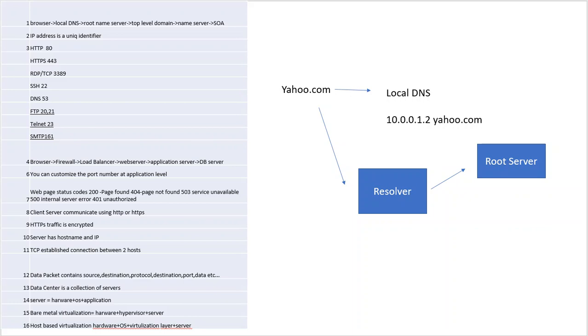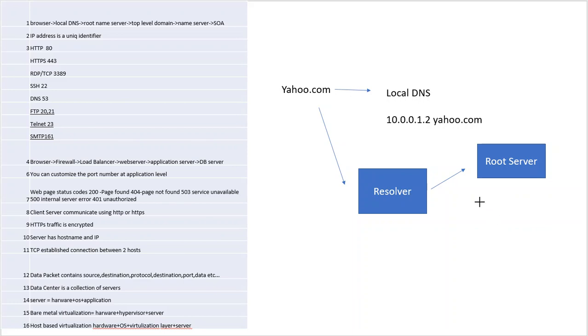Like .com for yahoo.com, .gov, or .net, or else .biz. So many domains will be there. So it will tell you where to search for that.